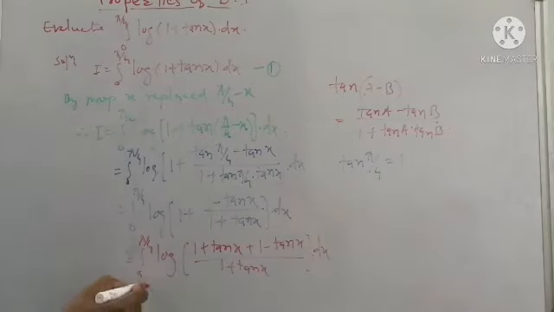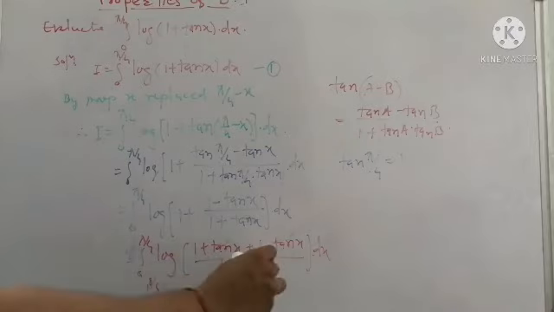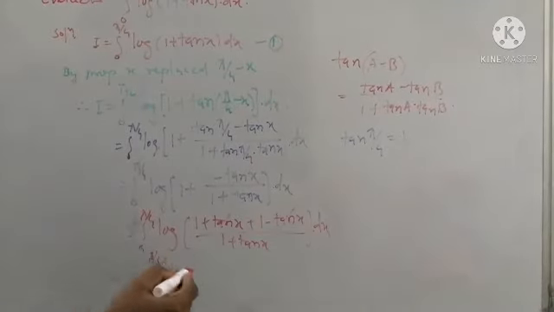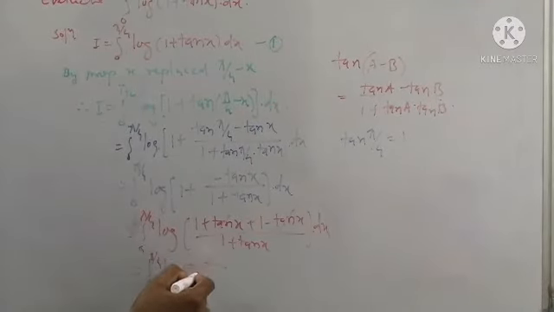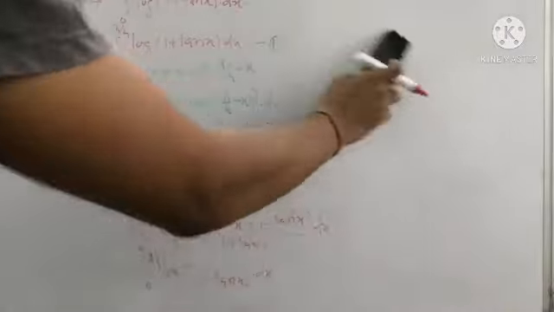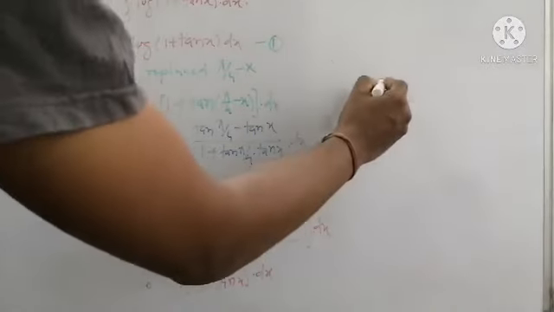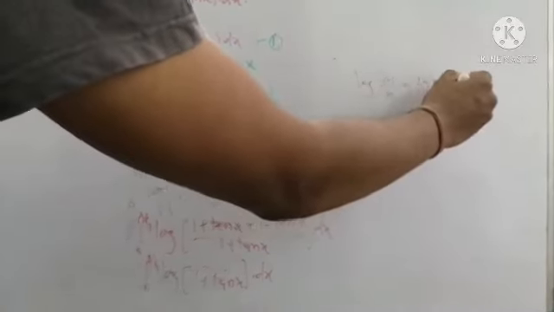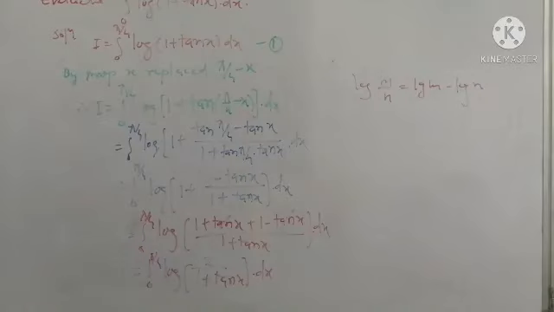Now simplifying this, in the numerator tan of x gets cancelled with minus tan of x, and we take only 1 plus 1, which is 2, in the numerator, and in the denominator we have 1 plus tan of x. Now the algebraic simplification is over. We take the logarithmic simplification also, as we know log of m by n is written as log of m minus log of n. For a quotient, we take the log as the subtraction of the numerator's and denominator's logs.